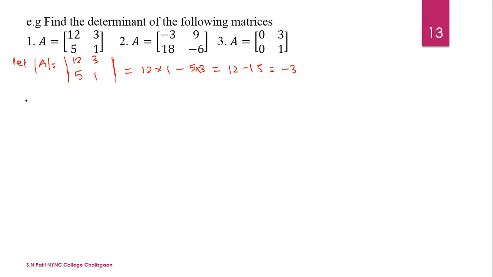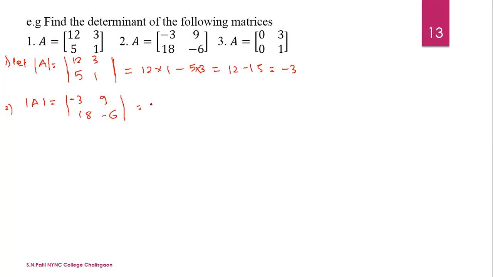Now the second example, the determinant of the second matrix with rows minus 3, 9 and 18, minus 6. Here we can directly apply the method, minus 3 into minus 6 and 18 into 9. But if you observe, there are some common terms. Here 3 is common, here 6 is common. So for simplification we can take out the common terms, and then we get easier steps.